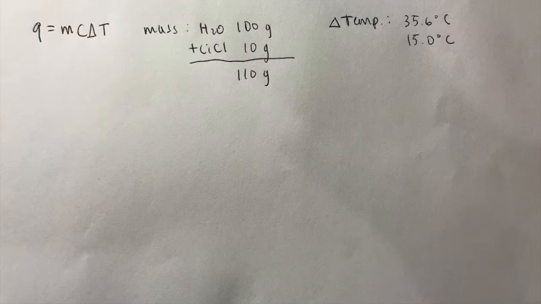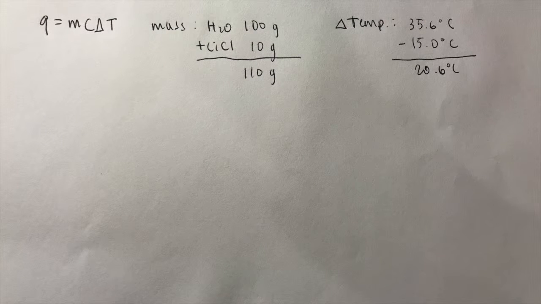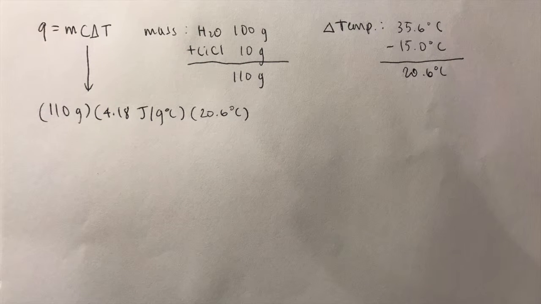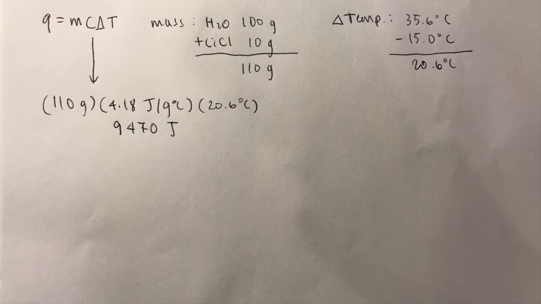So next, I'm going to find the change in temperature by looking at the final temperature, which is 35.6 degrees Celsius, and the initial temperature, which is 15 degrees Celsius, and I'm going to subtract them, getting 20.6 degrees Celsius. So since I have all the values now, I just plug everything in, and in the end, all the units cancel out, and I get joules left, so it's 9,470 joules, and that is my answer.